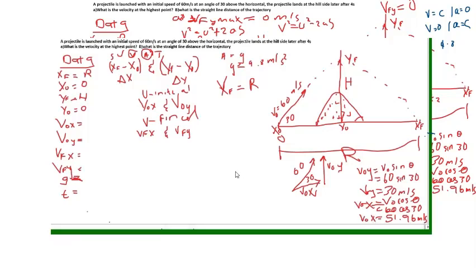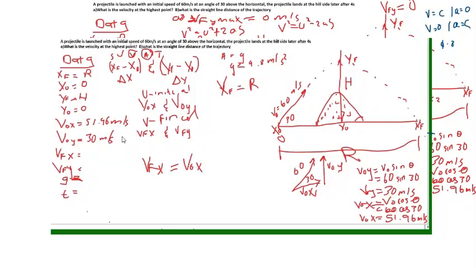So take note of these two, the initial velocities. You even write them here. So Voy is 30 meters per second. Then Vox is 51.96 meters per second. Then V final x, just write this, because we said the velocity in the x direction is always constant at any point, meaning V final x is equal to Vox.